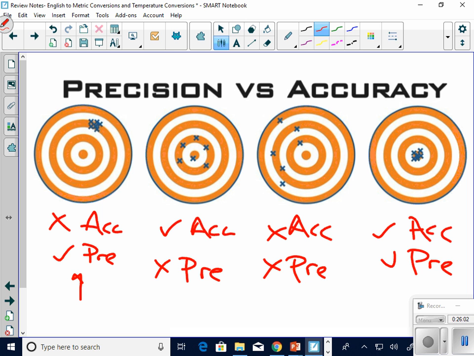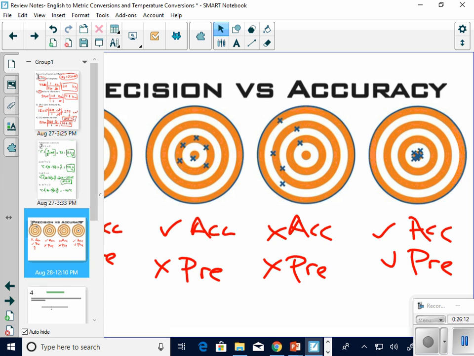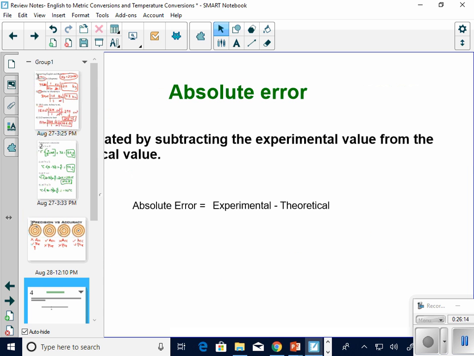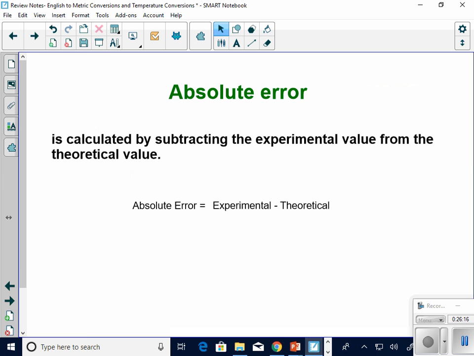Now, when we are trying to determine whether something is accurate, we use what we call error. And we're going to talk about absolute error, which will lead us right into percent error. You do not have these slides in your notes, I don't believe.